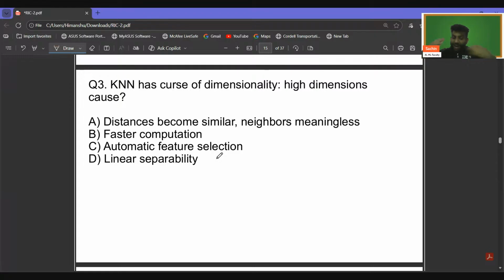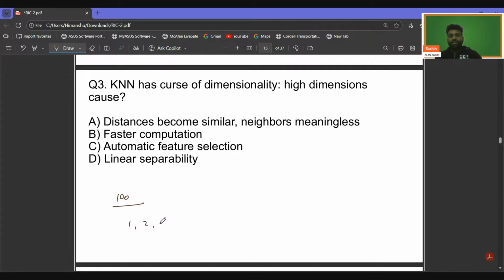So if we have a 100 dimension space, most of these data points would be lying very far from each other. Now that means if I am considering their distances from each other, they would be nearly the same. That means if I want to find the neighbor, it would give me similar distances for each data point we are having. Because if my dimension is more, it's like talking about this. So I am having, let's suppose, 100 dimensions.